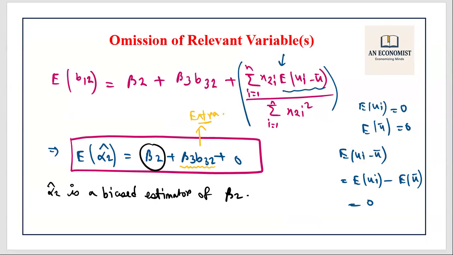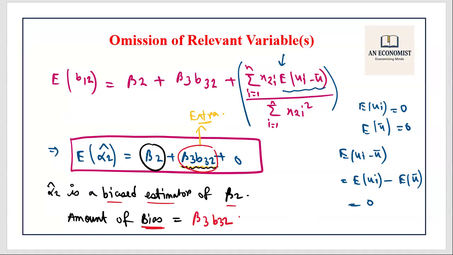So if alpha 2 cap were unbiased, then the expectation of alpha 2 cap should be equal to only beta 2. But it cannot be so because you are getting an extra term here, which is the amount of bias. The amount of bias is given by this extra quantity. Due to the presence of this extra quantity, alpha 2 cap is a biased estimator of beta 2. This is the consequence number 2, that alpha 2 cap will be biased. This is how you have to prove this.